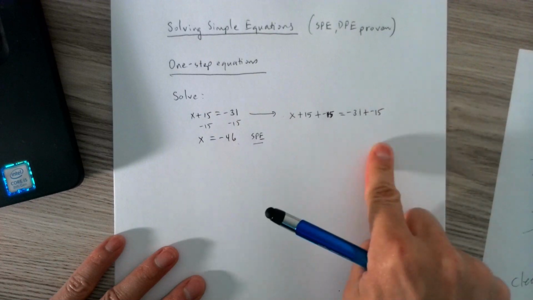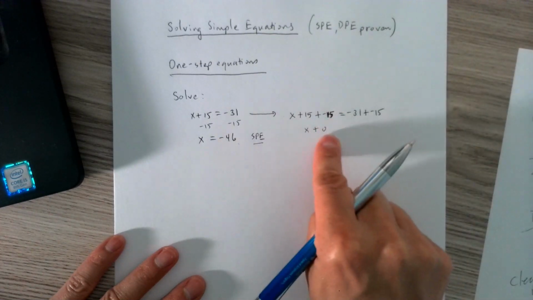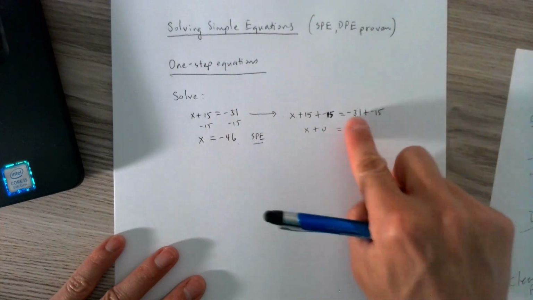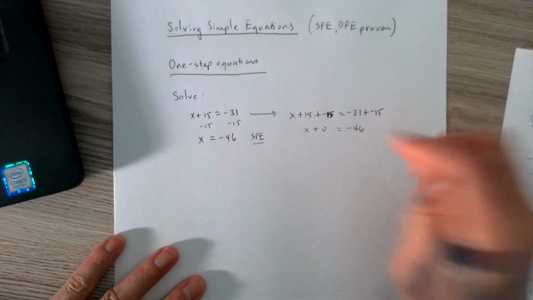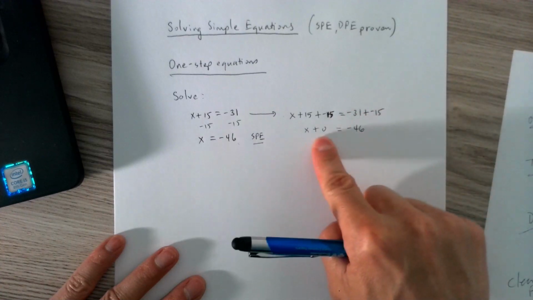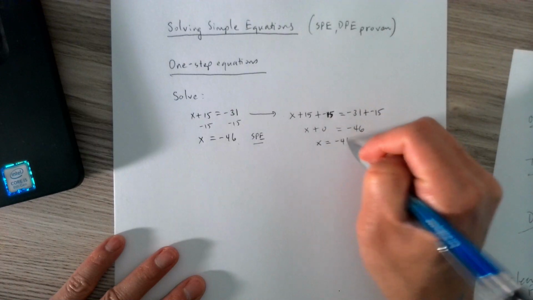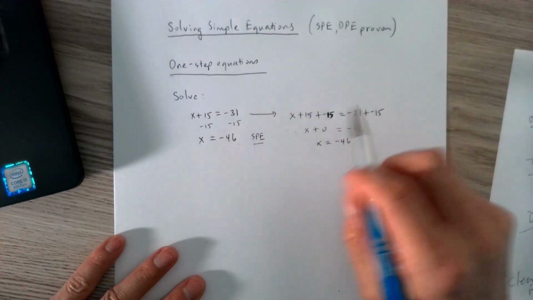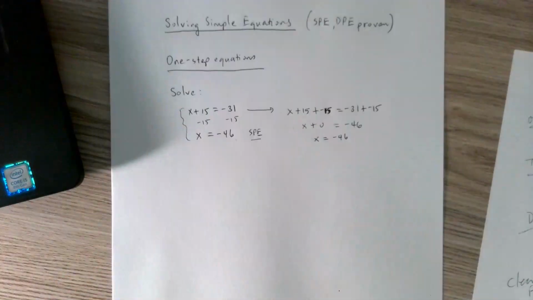So I'm really doing this, and that pair of inverses becomes a 0, and this is just computation on the right. And then because of identity, the 0 disappears. So that's really what's going on behind the scenes, but this is fine too, since we already proved SPE.